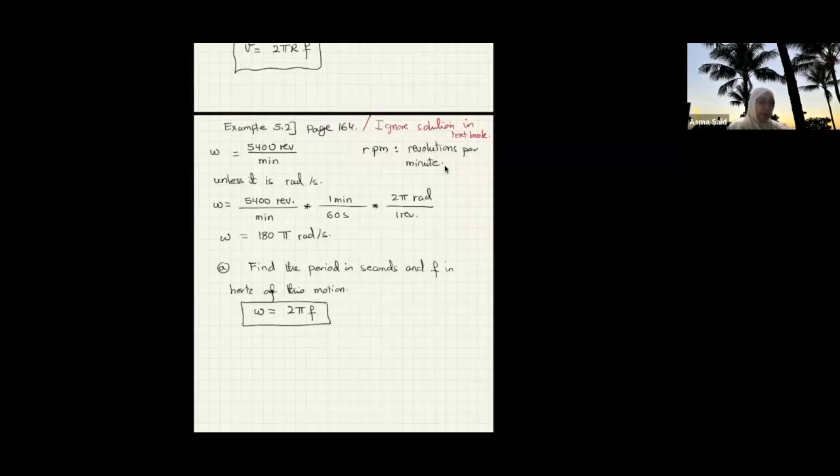Then when omega is 180 pi, which equals 2 pi times the frequency, the frequency here is going to be 180 divided by 2, which is 90 hertz.